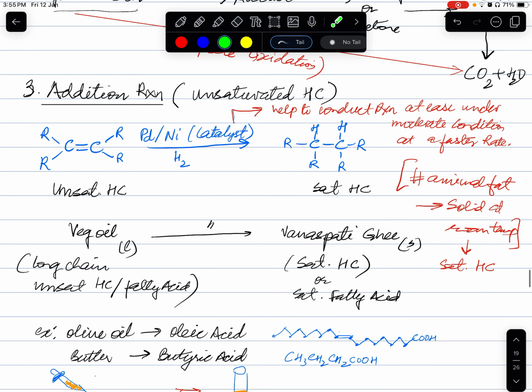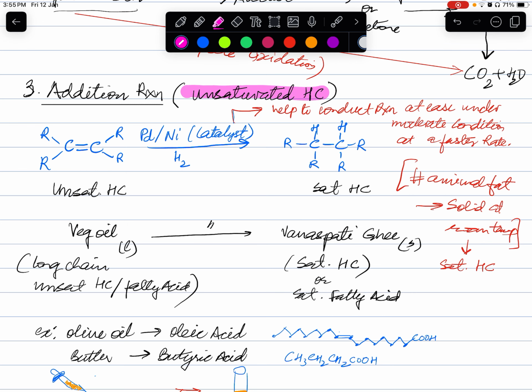Next reaction is addition reaction. As the name suggests, we are adding something to give a final product, which is the result of combination of compounds. And one thing which is very important to remember here is that only unsaturated hydrocarbons undergo addition reaction. Why is it so?